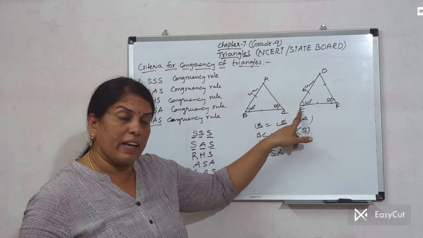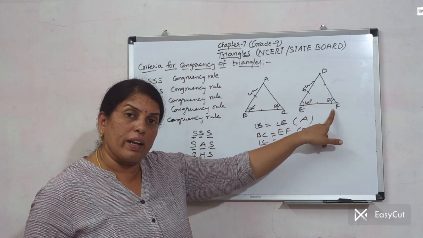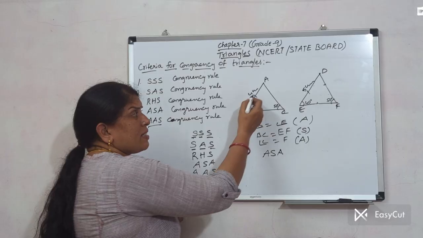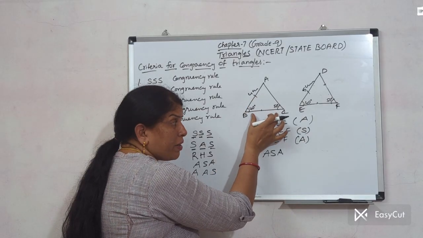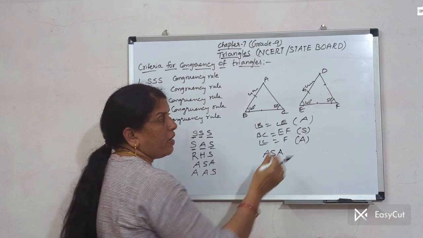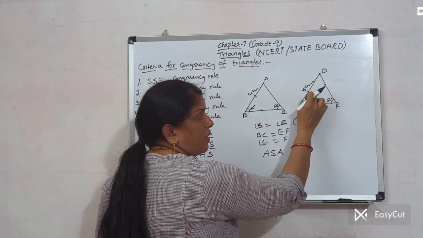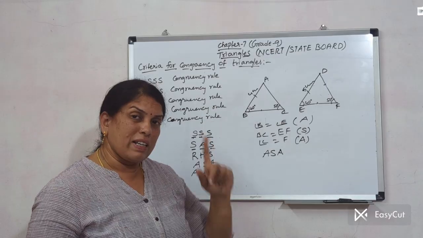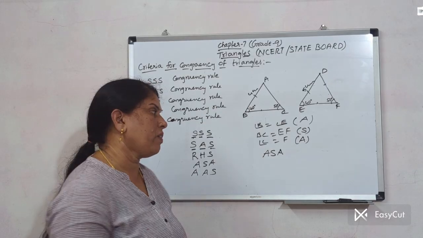Angle B is equal to angle E, angle C is equal to angle F. Two angles are equal, but is this side included? In between the two angles it is not there, it is outside. So one side is equal, two angles are equal.